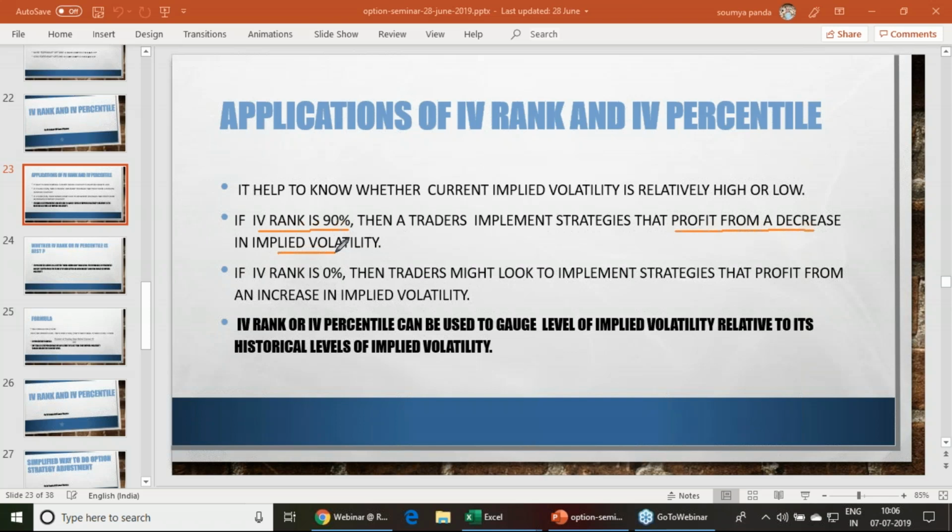If there is no event, how will I know whether implied volatilities of options are going to fall tomorrow or not? To know that, you need to know this IV rank. So IV rank is telling that if IV rank is 90%, you implement the strategy that profits from a decrease in implied volatility.